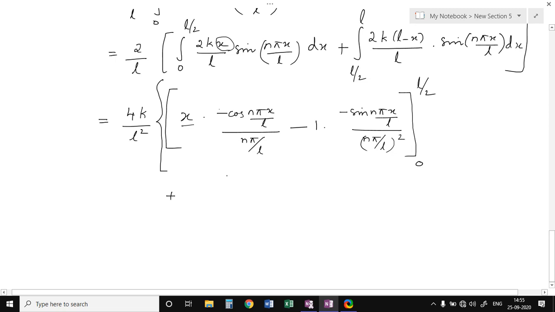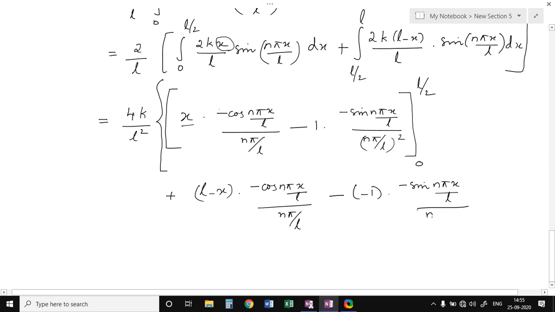Again I will use the generalized rule here, because it is a polynomial into a trigonometric function. So, that is L minus x, the first function, into the integral of the second, that is minus cos n pi x by L divided by n pi by L, minus the derivative of the term L minus x, which is minus 1, into the integral of the second term, that is minus sin n pi x by L, the whole divided by n pi by L the whole square.